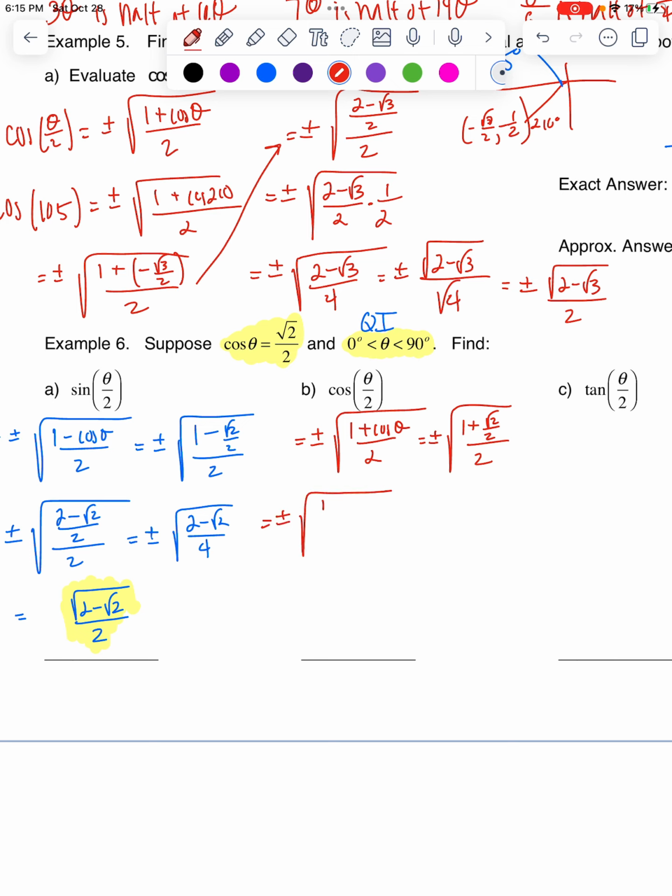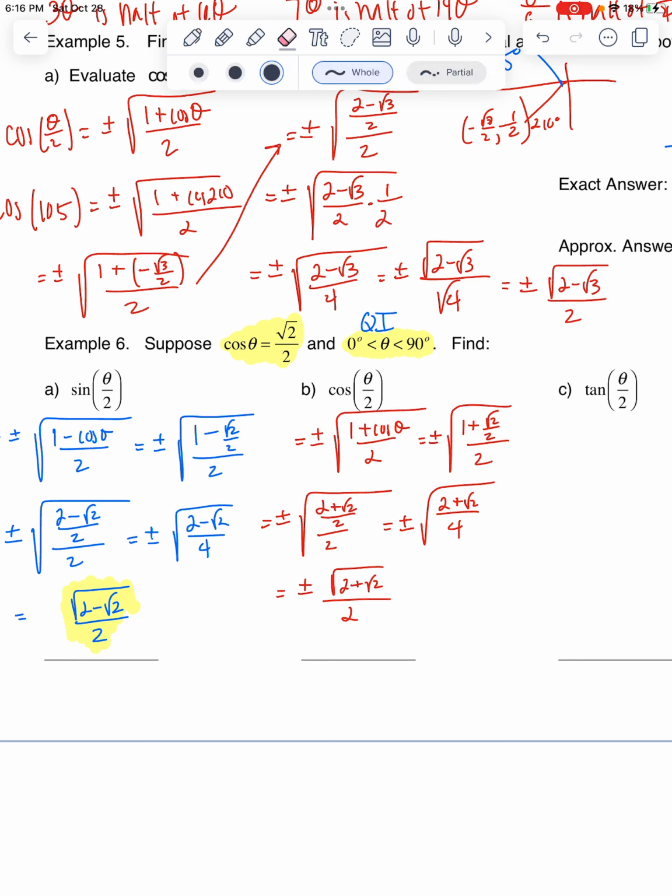If we keep simplifying this, I'm going to get the square root of 2 plus root 2, divided by 4. And again, this simplifies to the square root of 2 plus root 2, divided by 2. And again, our cosine is positive, so I'm just going to leave my answer as a positive answer.